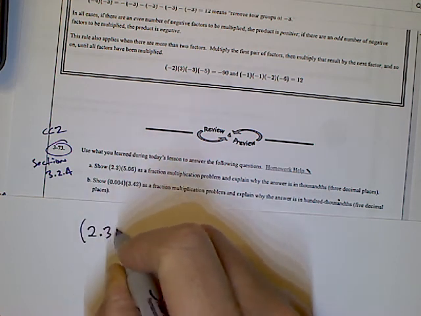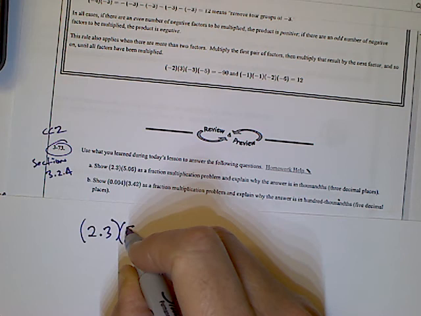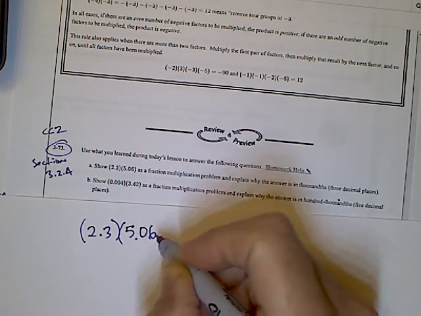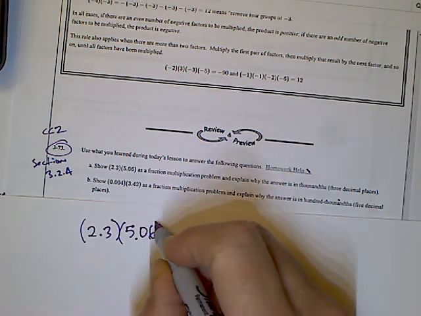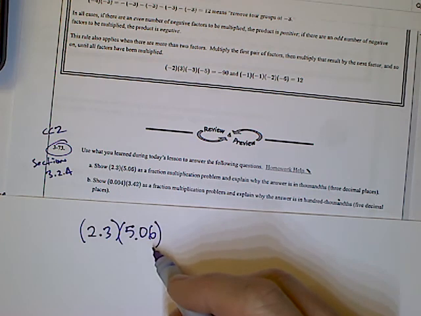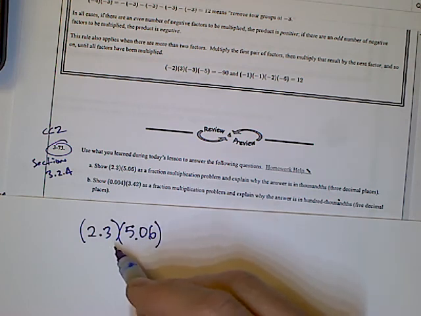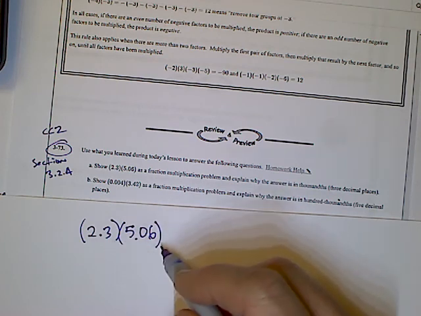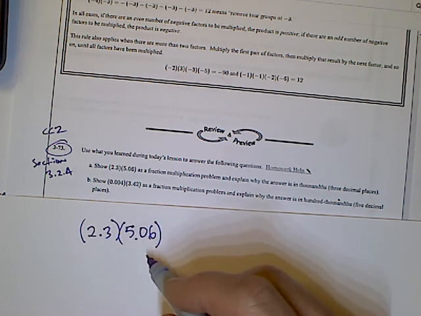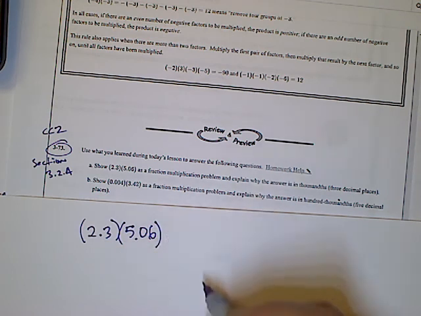I've got 2 and 3/10 times 5 and 6/100ths. As I'm reading it properly, the way you read a decimal is how you would also write the fraction.